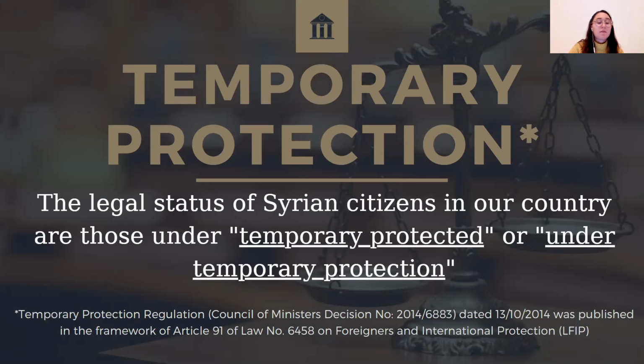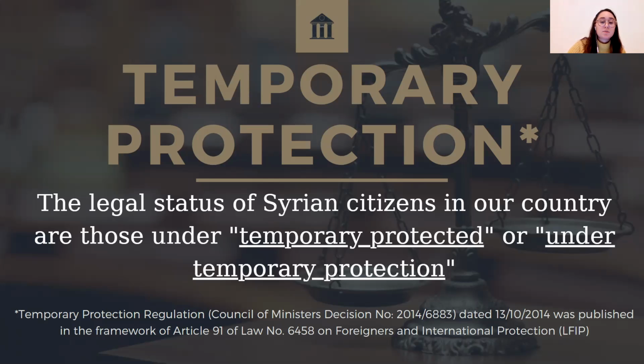But until that time, we didn't have this status, because this is not under international protection law and status. It has a different understanding and different aspects. Turkey came up with this term under the name of the Syrian refugee crisis in Turkey.